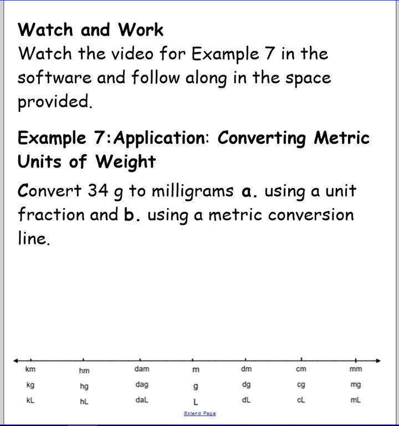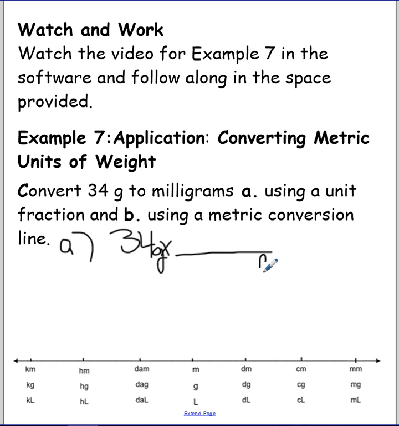So here we have an example of converting 34 grams into milligrams. We're going to try using a unit fraction first, and then using our metric conversion line that we were practicing last session second. So for the first way, again, we're going to start with our 34 grams and set up a unit fraction that gets rid of grams.